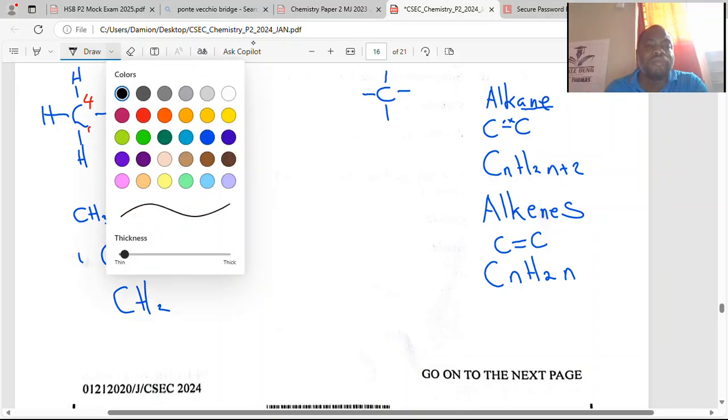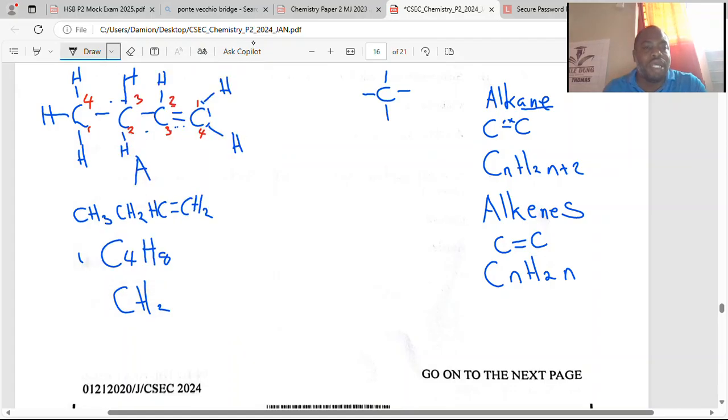Right? And so when I look at this, if I number from this way, 1, 2, 3, 4, then the functional group starts on carbon number 1. If I number from left to right, like how we normally read, 1, 2, 3, 4, then the functional group starts on carbon number 3.